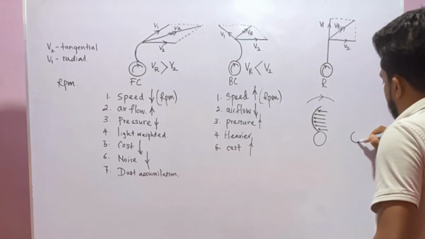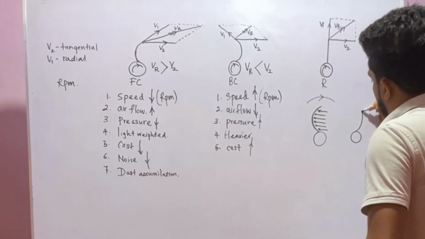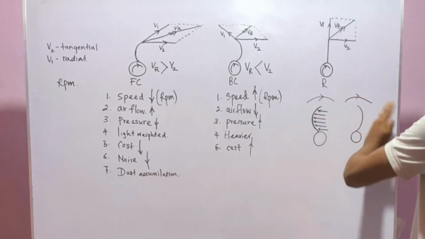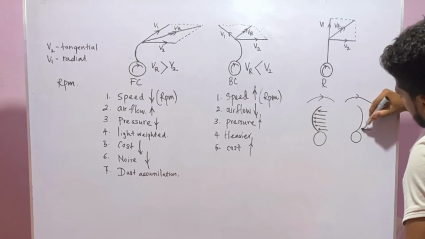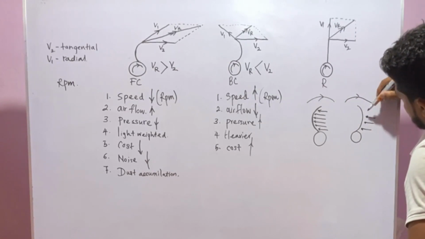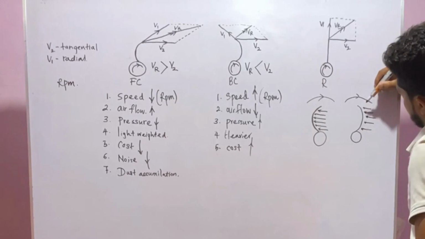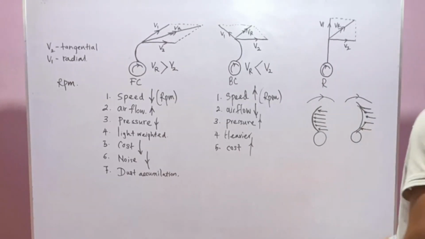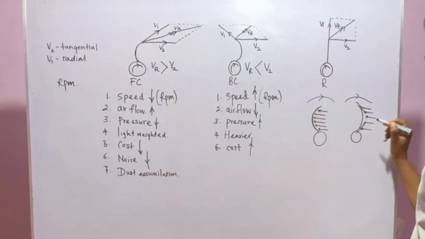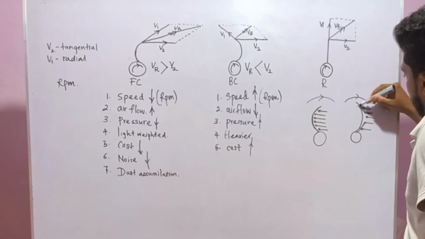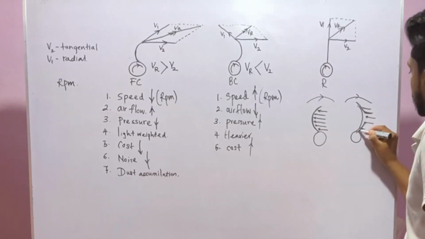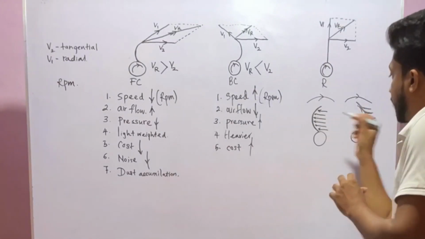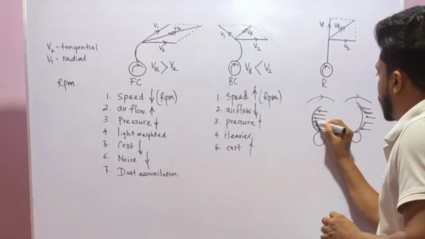But if we compare it to a backward curve fan, this impeller rotating in this direction, air hits like this, but this air can leave like this. But it is not the case here. Air can leave like this in the backward curve fan, but here it is not the case. It's directly hitting in this way.